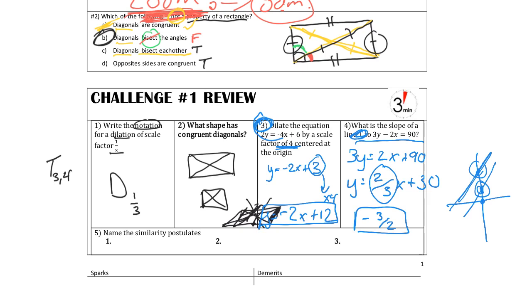And then unit 7 was all about similar triangles. And that's what we're going to review today. So to prove triangles are similar, you can either show the angles are the same, angle, angle, or you could show 3, 4, 5, and this would be 6, 8, 10.